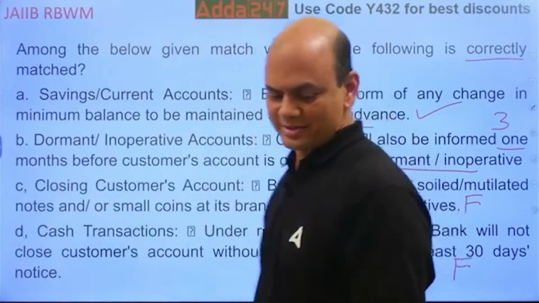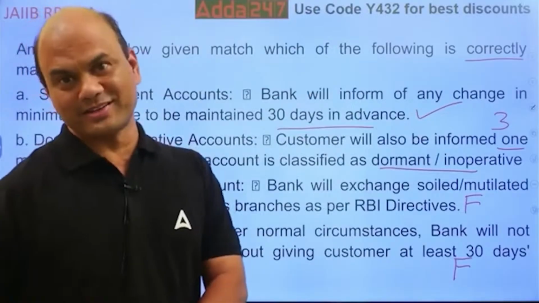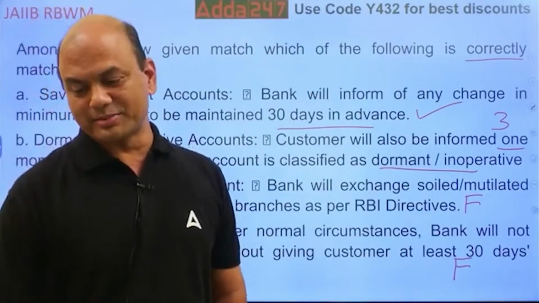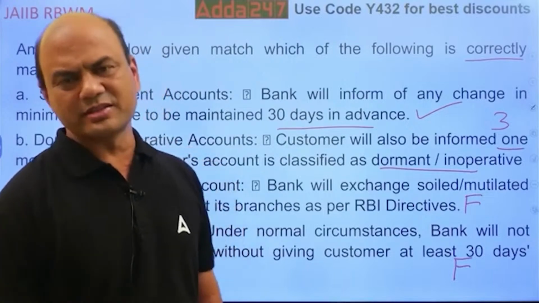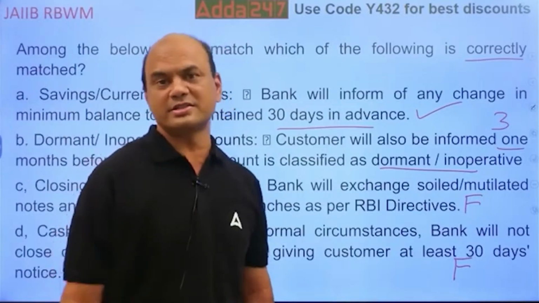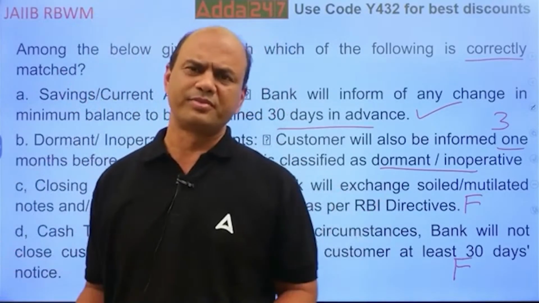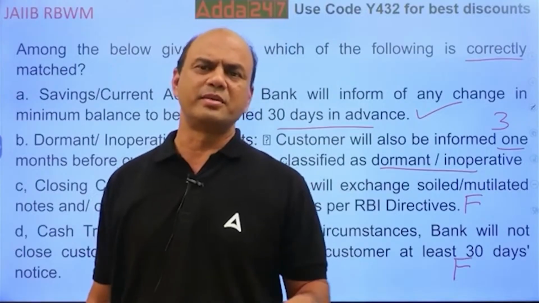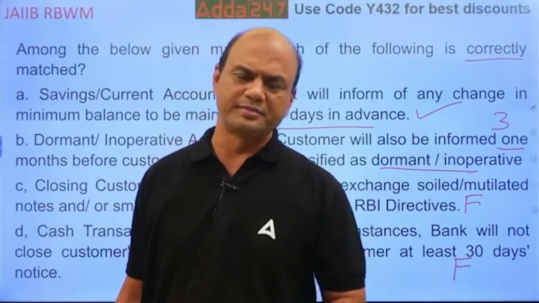Got it, everyone? Clear? The concept should be very clear because banking is not that simple. Now, many of you will say, sir, why 3 months, so long? See, because we are not talking of city branches. In city, everything is available. You send a message, email, WhatsApp, it reaches the customer immediately.